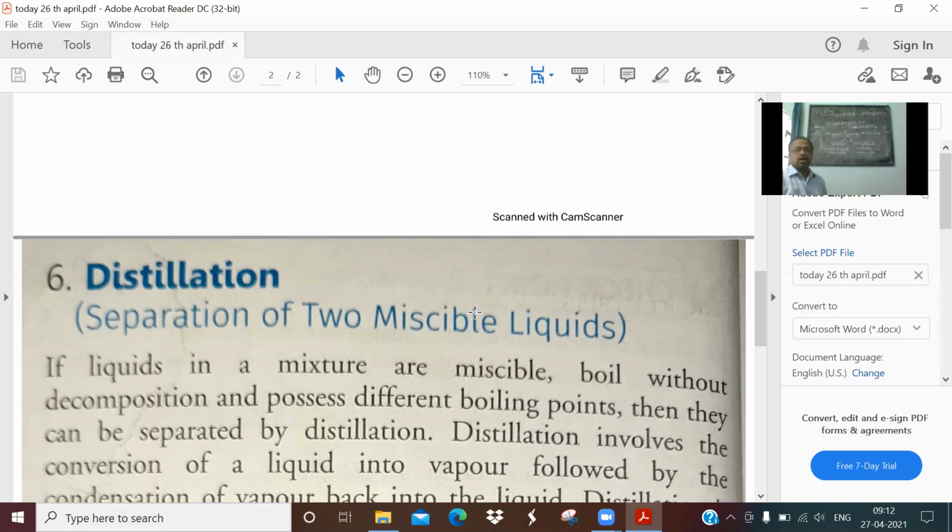Water boils at 100 degrees Celsius, whereas alcohol boils at 78 degrees Celsius. So we take this difference in the boiling point as the principle for the separation. It involves evaporation followed by condensation. So that is also a kind of distillation.